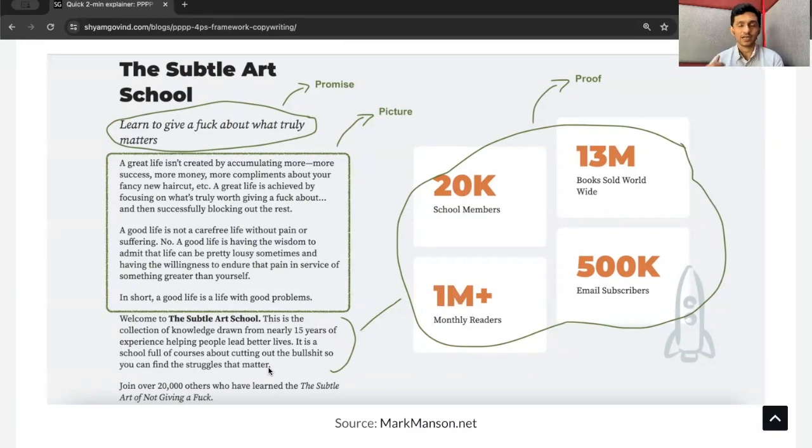It has been tested by certain credible agencies and all of that. That brings the proof, right? So that could be an example. Or if there are patients or people who have benefited from your solution, you can say that, hey, 100,000 people have already benefited from our solution. That could be proof, right? So that's the third part.